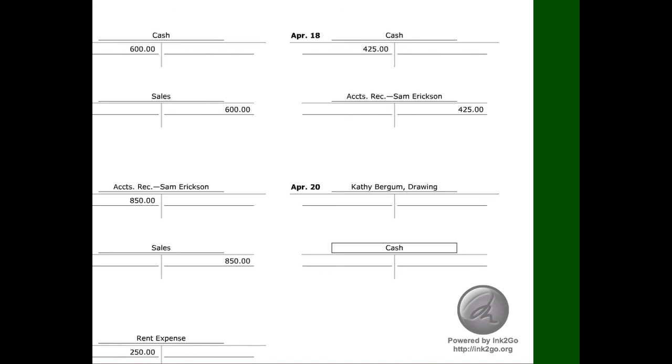Owner's equity decreases from an increase in withdrawals, and our asset, which is our cash, decreases. Owner's equity accounts decrease on the debit side, an increase in withdrawals decreases our owner's equity. So taking our money out is going to affect the left side of this equation, so our drawing account is going to go $300 on the left, and our cash is going to go $300 on the right, which is a decrease to our assets.